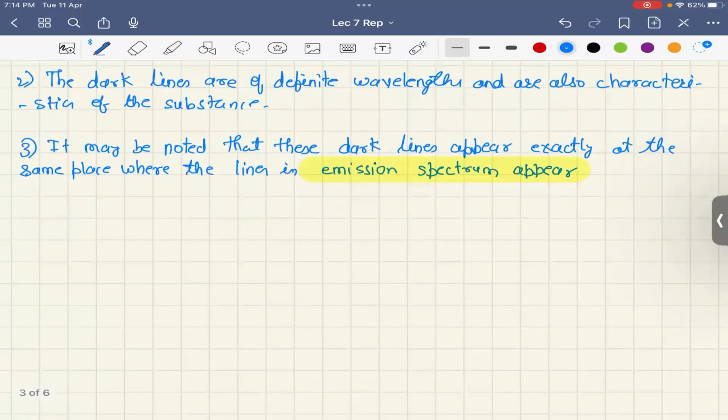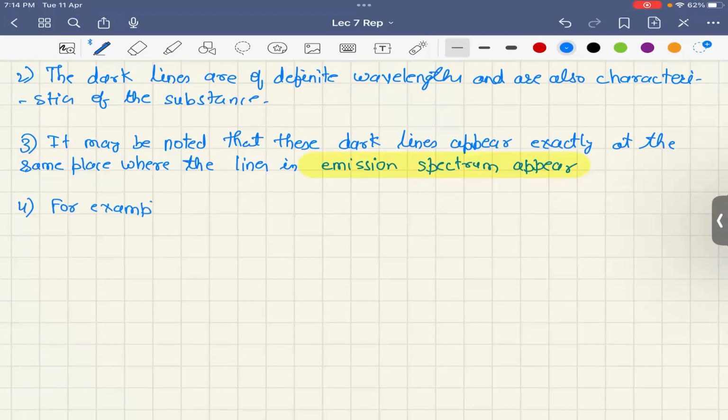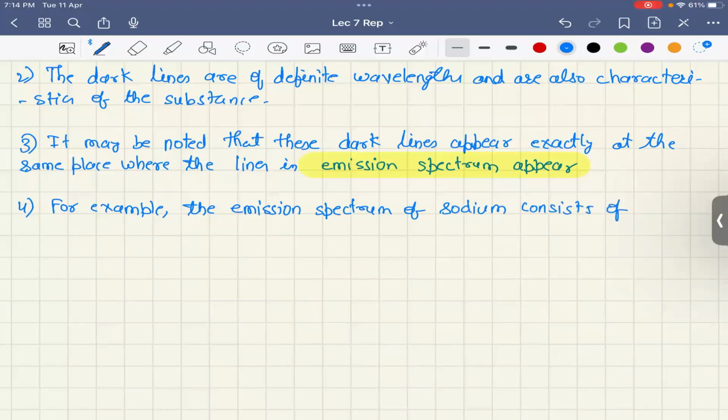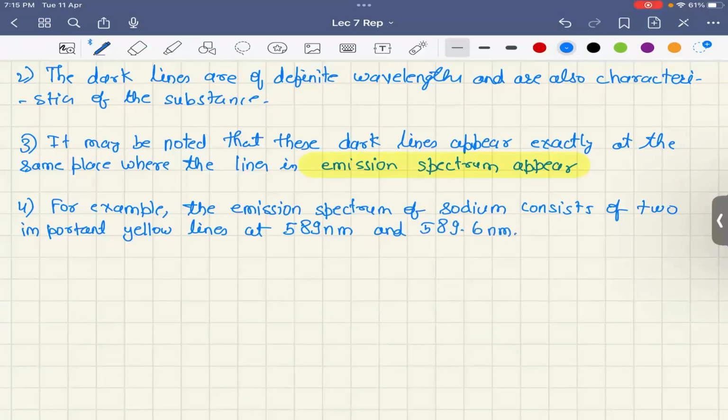For example, the emission spectrum of sodium consists of two important yellow lines at 589 nanometer and 589.6 nanometer.